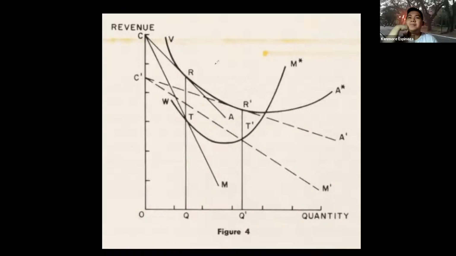Let's say, for example, R. You pick a point R, and then you draw a horizontal line. Then half of that point is your first point. If you have an AR, average revenue, that would be your first point.